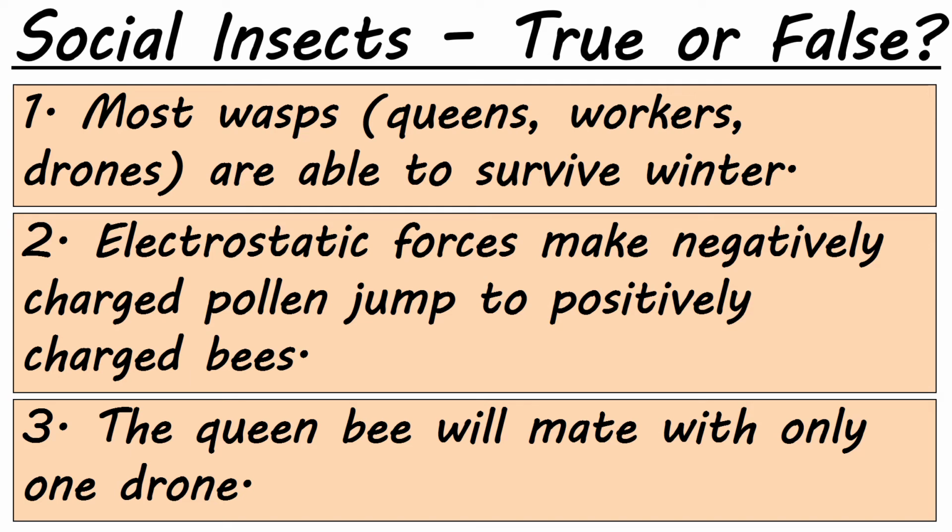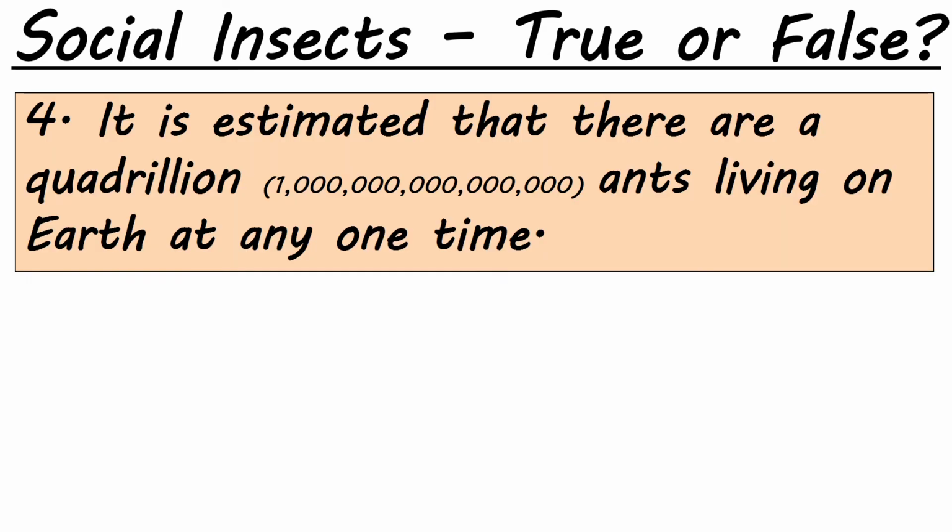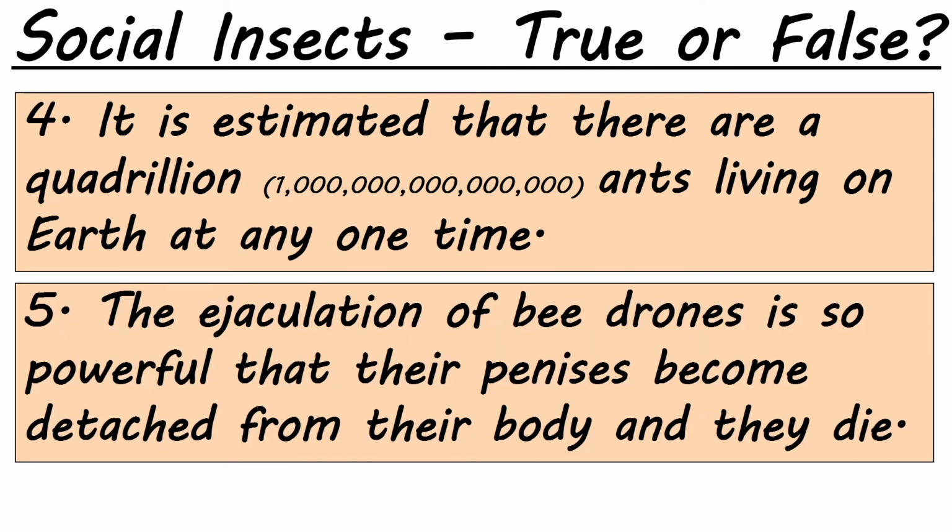So true or false for each of those. Then 4, it is estimated that there are a quadrillion ants living on Earth at any one time. 5, the ejaculation of bee drones is so powerful that their penises become detached from their body and they die. So, true or false for each of them.